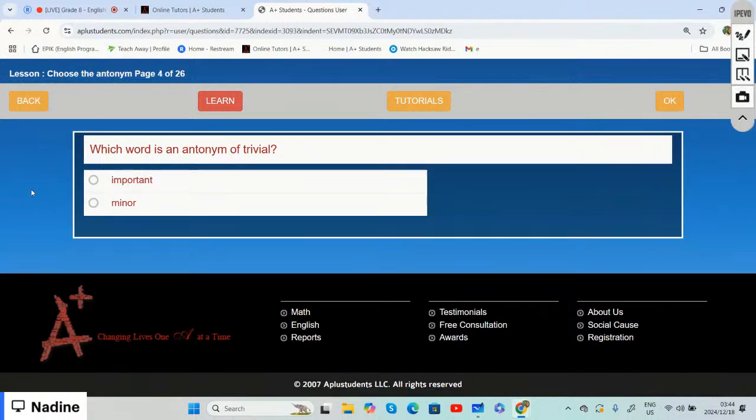All right, let's do one last one. We need to say which word is the antonym of trivial. Is it important or is it minor? The opposite of trivial.